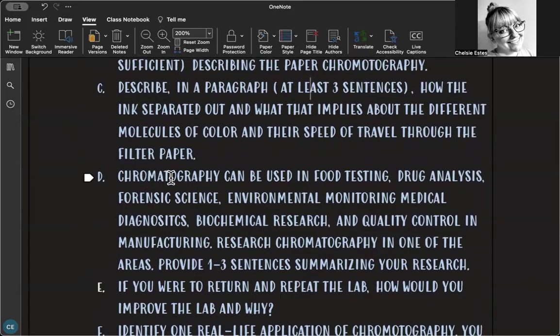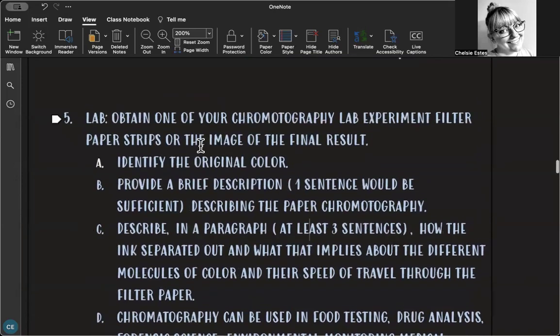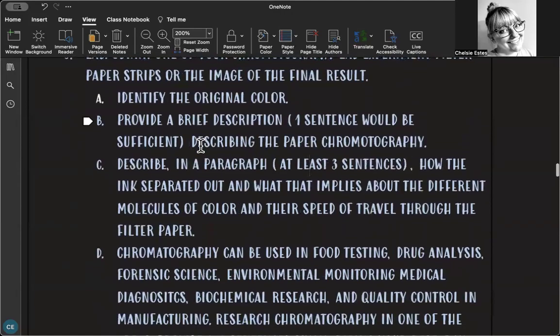Okay, chromatography. Oh, this is not spelled right. It's supposed to be spelled with an A or an O. Oh no. This is one of the things with my eyes, which is kind of interesting, and now you're seeing it.